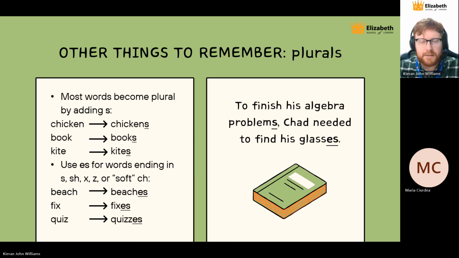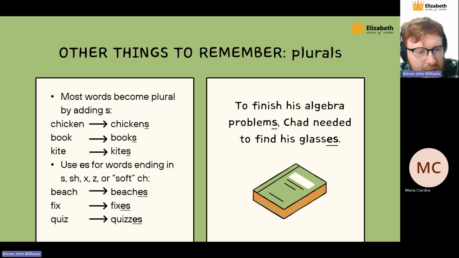The other things to remember then, and I think you mentioned this earlier, are plurals. Plurals can often cause some problems with spelling as well. Generally, plurals end with S. So we can say chicken, chickens, book, books, kite, and kites. They all have S at the end. But there are some exceptions to these rules.